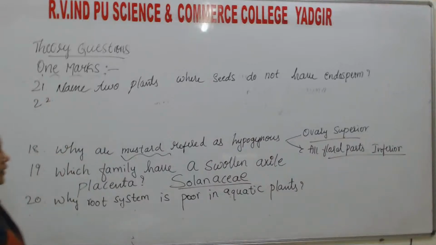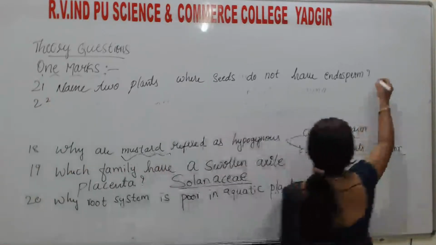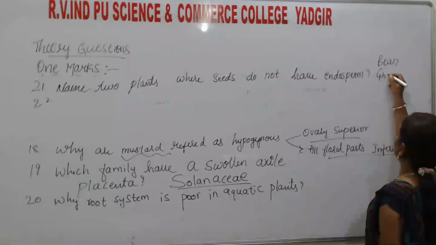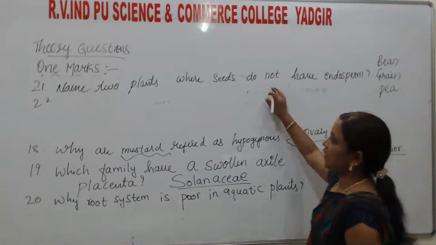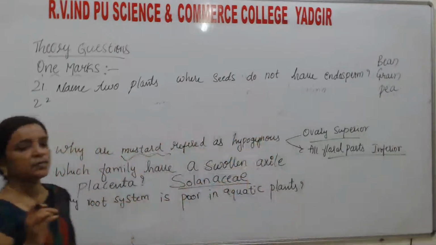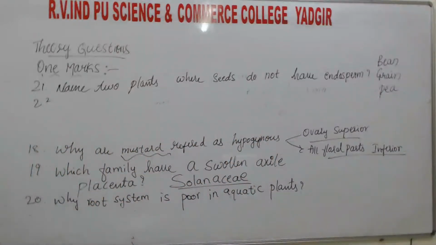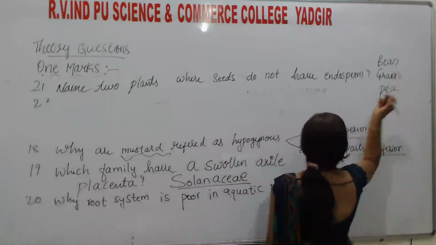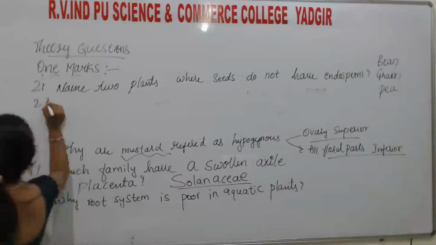Bean, gram, pea. We can see this in bean, gram, and in pea, the plants where seeds do not have endosperm. Endosperm is absent in bean and gram. Next question.